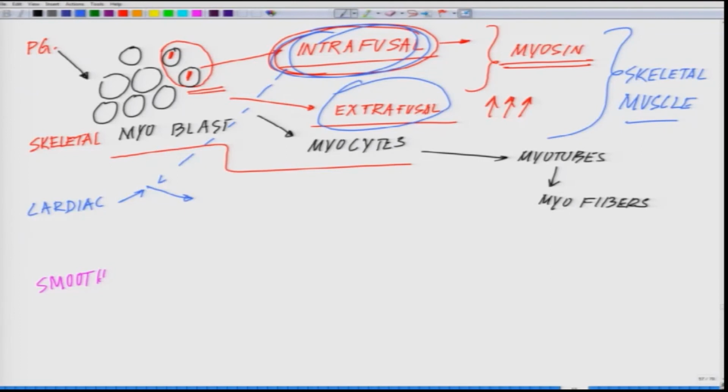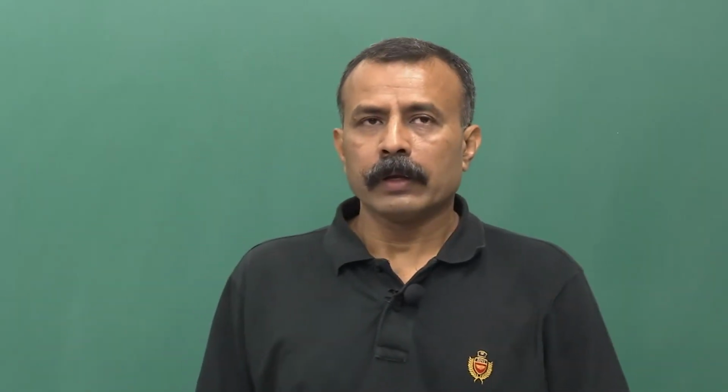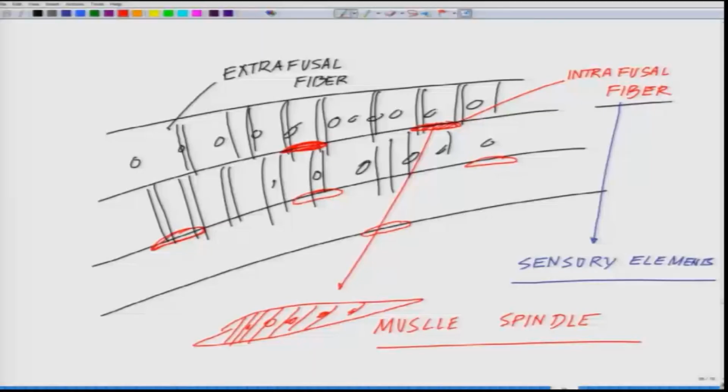Now, having introduced this concept of intrafusal and extrafusal, what we will do next is develop the circuit from here. I told you this is where the spindles are sitting, and you can consider them as spindle shaped myotubes.